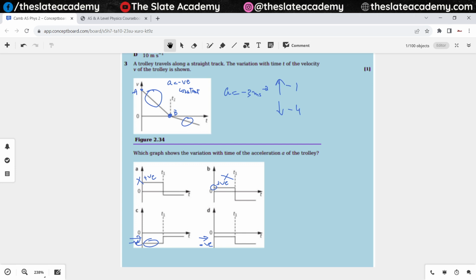The magnitude of the deceleration would decrease. From minus 3 it would become minus 1. It is not decelerating as rapidly as before, so the deceleration has decreased. So it would be this graph. First it was decelerating more, then less. Got it? So it would be C and not D.